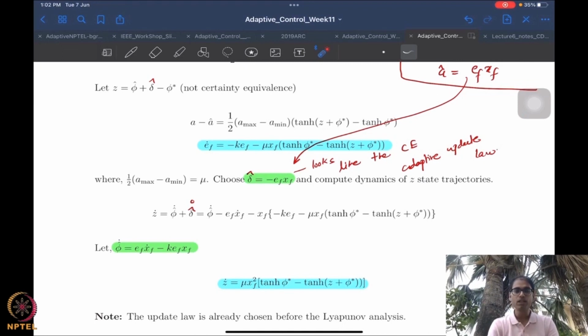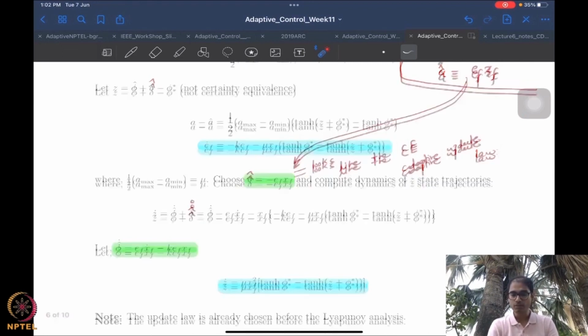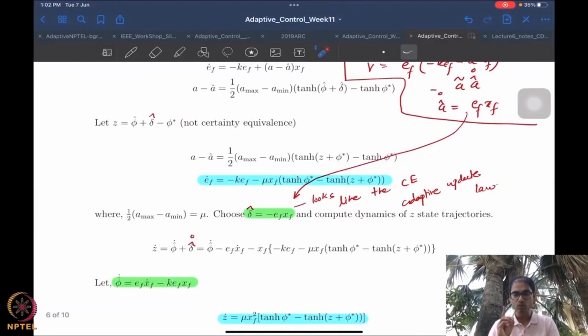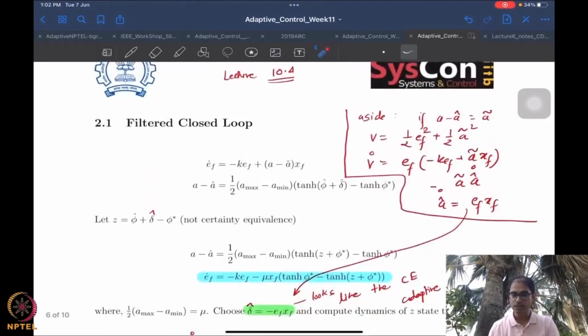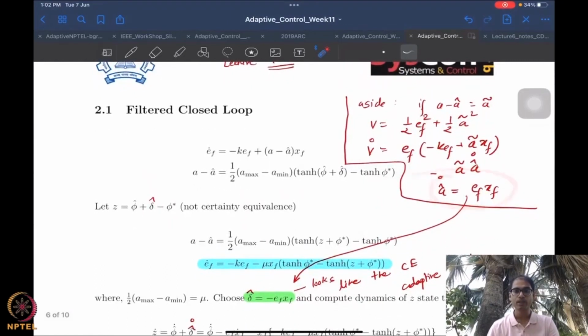And the important thing to remember was that there were two terms, phi hat and delta hat, that had to be defined. And delta hat was just directly an expression, not a dynamical system. And it was motivated by the certainty equivalence adaptive law.